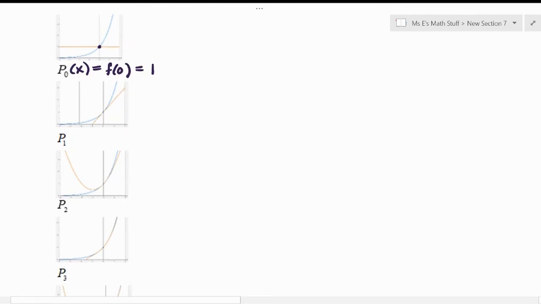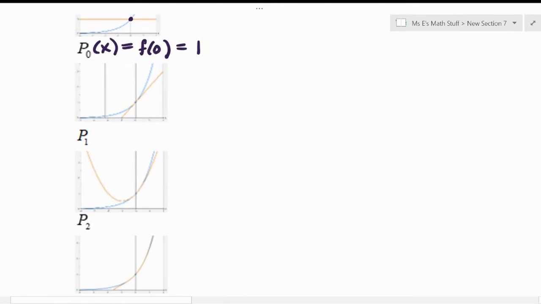Okay, now let's look at this one right here. The next one is a first-degree polynomial, and we want it to have everything that the 0-degree had, but more. So p sub 1 of x, the sub 1 just means first-degree polynomial.